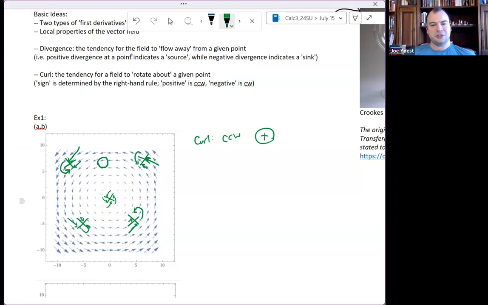And I would ask, does it seem like the vectors going in are bigger than the ones coming out right at that boundary? If so, it seems like there's a net inward flux, inward flow, maybe a negative divergence. Or does it seem like the vectors going out across the boundary are bigger than the ones coming in, in which case maybe there's a net outward flux, a net outward flow, a positive divergence.